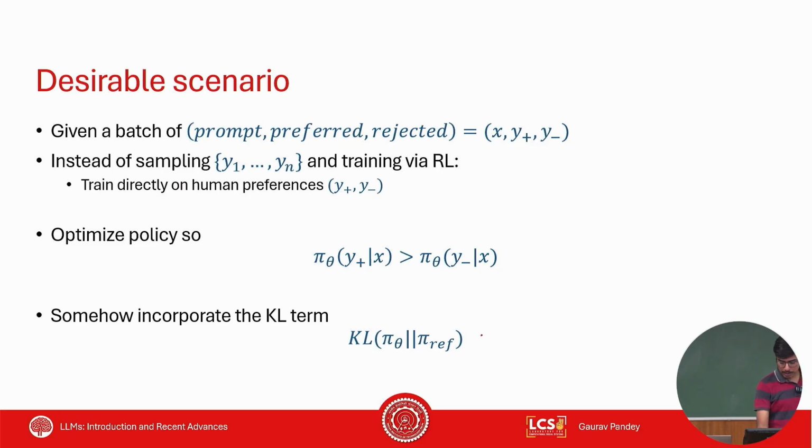And it should also incorporate this KL term somehow. We'll see how DPO incorporates the KL term, but there are other ways to do that. So we want a policy which gives higher probability to the preferred response but also incorporates the KL term. Why do we need the KL term? Because we don't want to deviate too much from the reference policy.